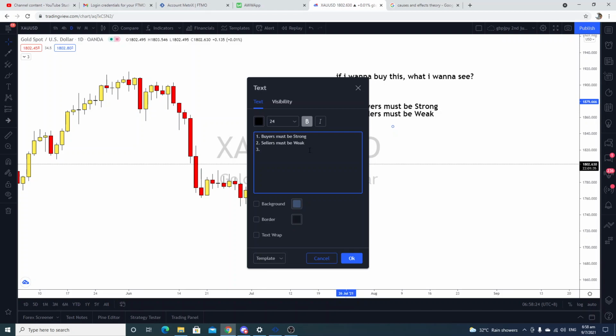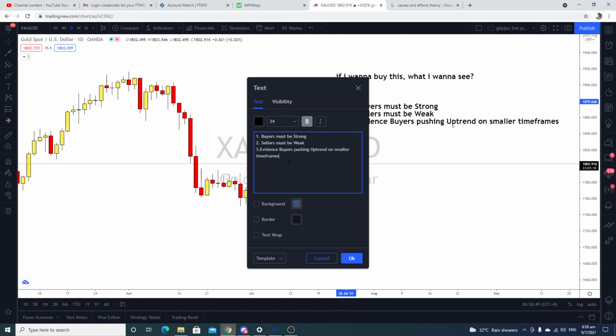Number 3, I want to see evidence of buyers pushing, or an uptrend, in smaller time frames. There must be evidence in the small time frame, or my entry time frame, to tell me that this pair wants to go up.